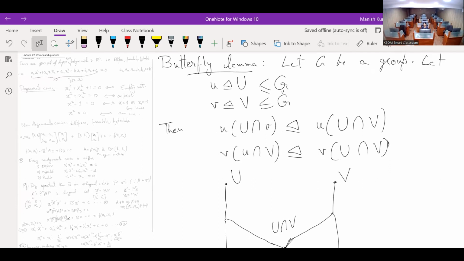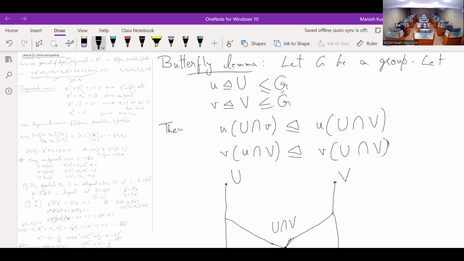So let's just try to understand what this lemma says. Let G be a group, and capital U and capital V are two subgroups of G, and small u is a normal subgroup of U, and small v is a normal subgroup of V. Remember, in the composition series, we will have such sequences: G1 is a group, G2 is a normal subgroup of that group, and so on.